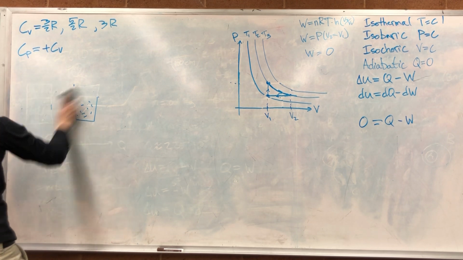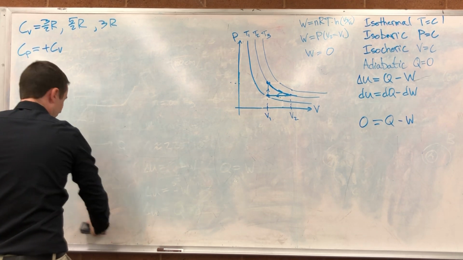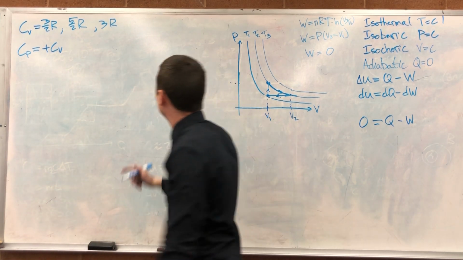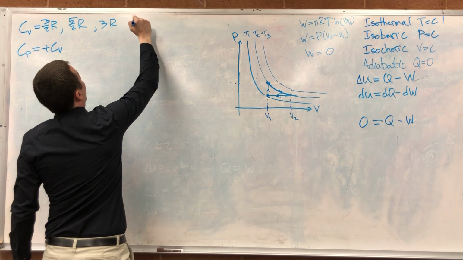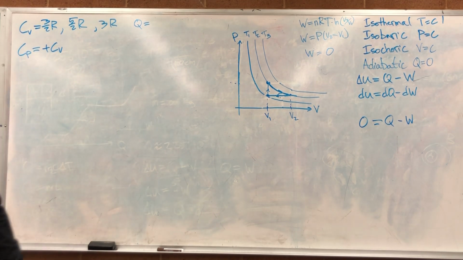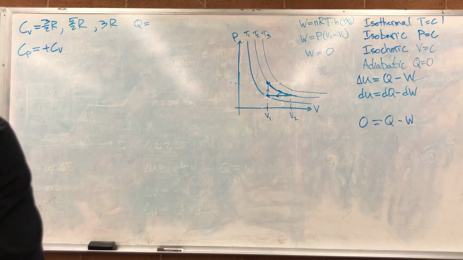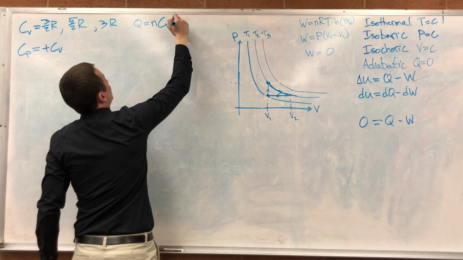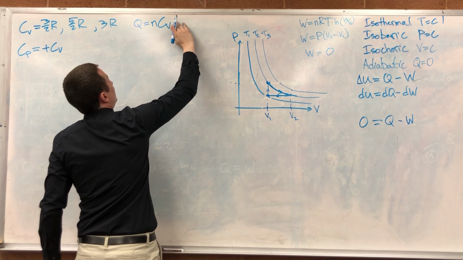Can you erase the picture? We don't really need that. We're going to start by going back to our good old-fashioned heat equation from before: Q equals the number of moles times its molar heat capacity times the change in temperature.